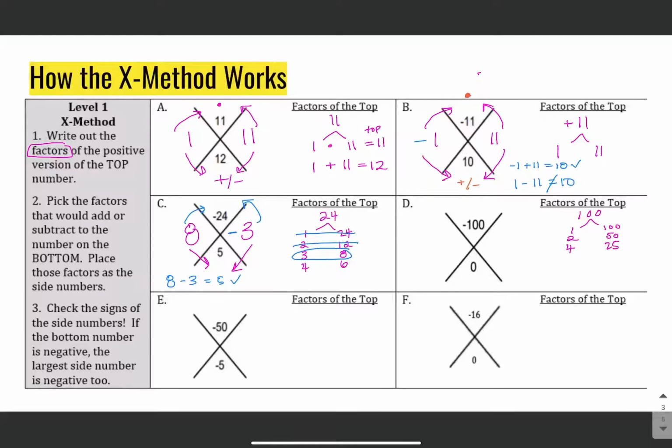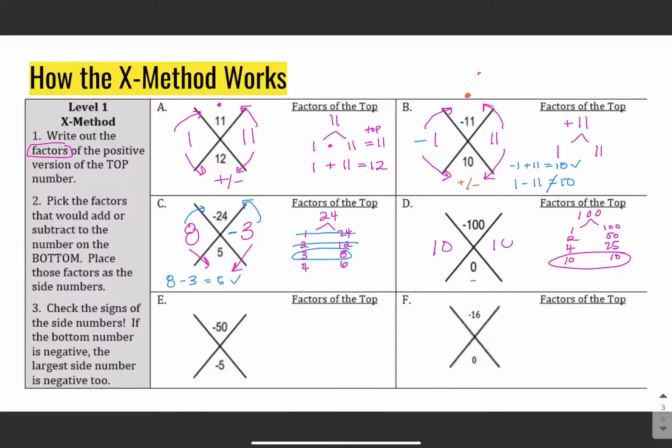All right, what about 7? 7 won't work. 8 won't work. 9, no, but 10 will. We could do 10 and 10. And notice 10 and 10, that should get us to that 0.